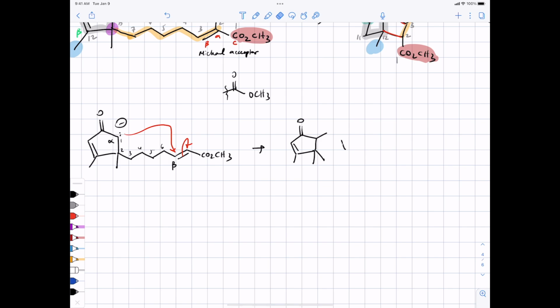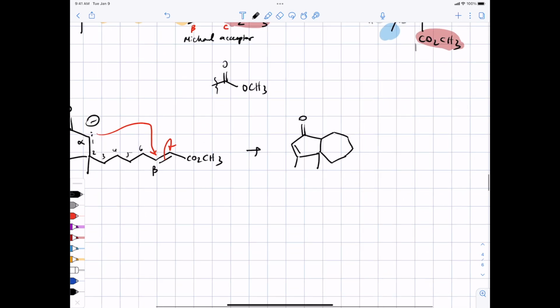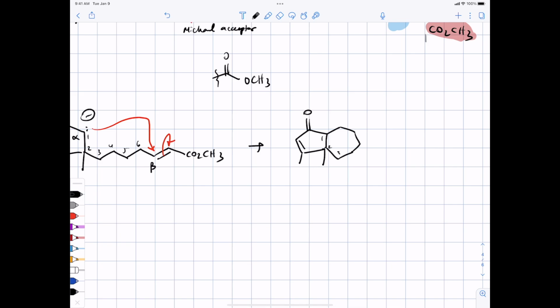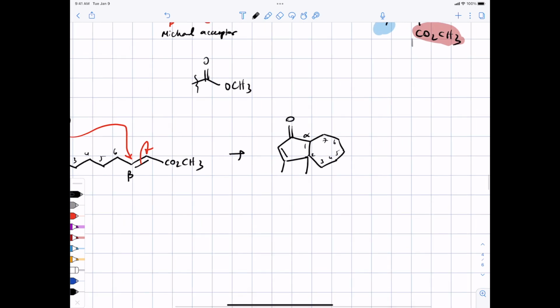Gross. 1, 2, 3, 4, 5, 6, 7. Okay, let's see, 7 is the beta carbon, alpha carbon, ester. Now that's negatively charged.